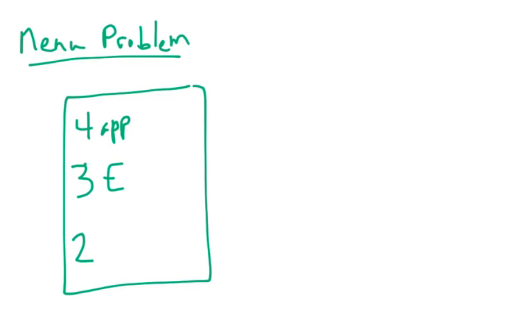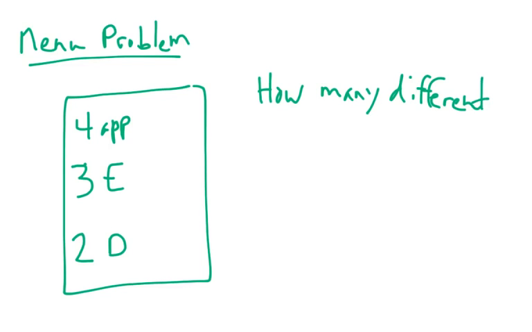And then you have 2 different desserts you can choose from. And so the menu problem is how many different meals exist.